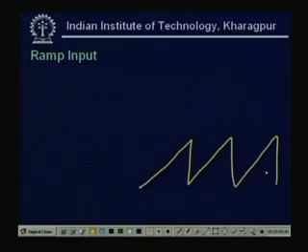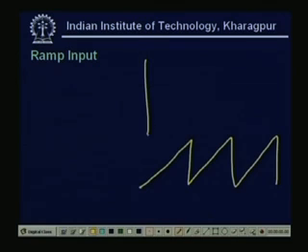A common example is the cathode ray oscilloscope, where voltage amplitudes are given between the y plates and the Sawtooth waveform is given to the x plate, to synchronize and make the wave stationary.